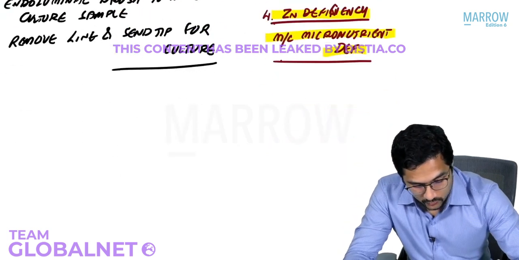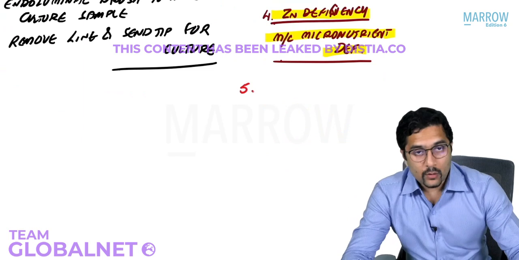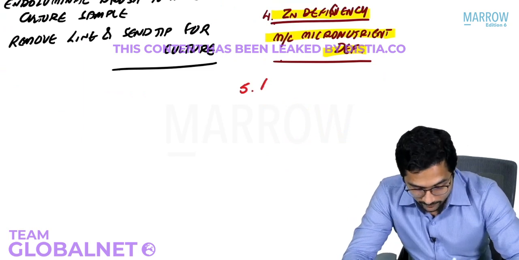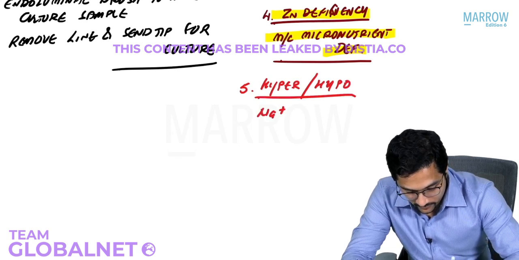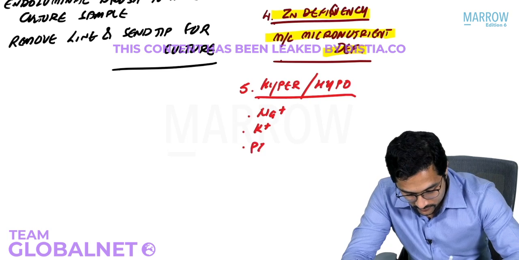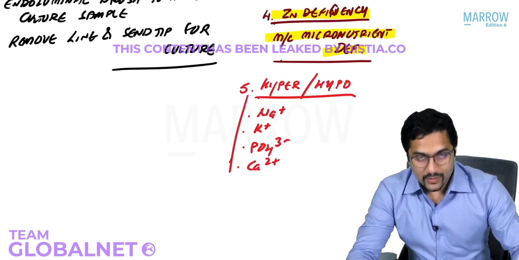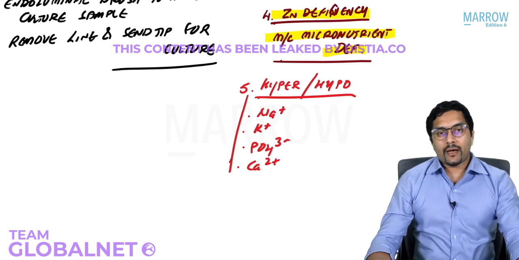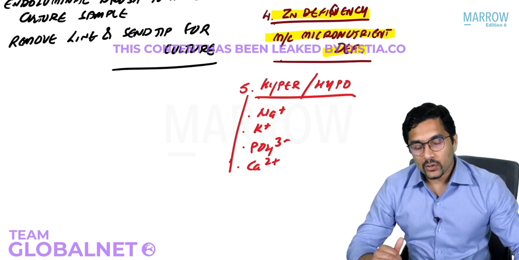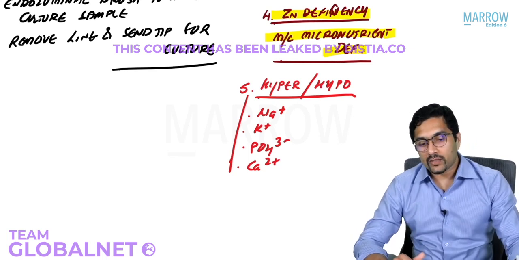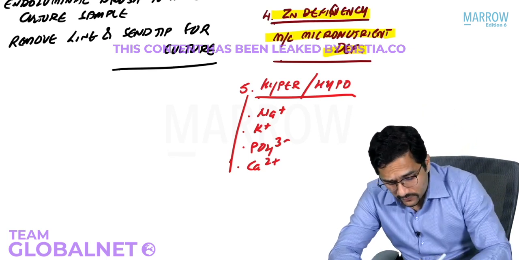Now, these patients who are on TPN can also develop hyper or hyponatremia, kalemia, phosphatemia, calcemia. So any metabolic or electrolyte abnormality can develop. That is why serum electrolytes need to be repeated at least twice weekly in these patients who are receiving TPN.